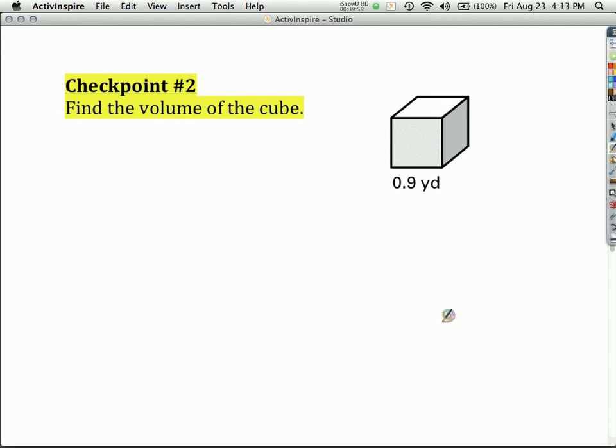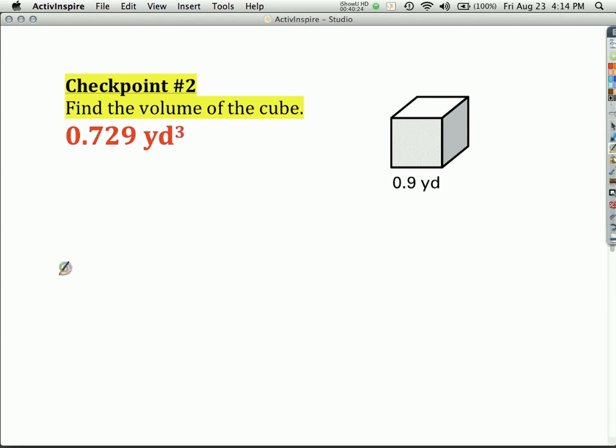Okay. So we got 3 different answers. Someone want to jump in with one of them? What'd you get, Alex? 0.729 cubic yards. Okay. Selena? 0.729. It is 0.729 cubic yards.